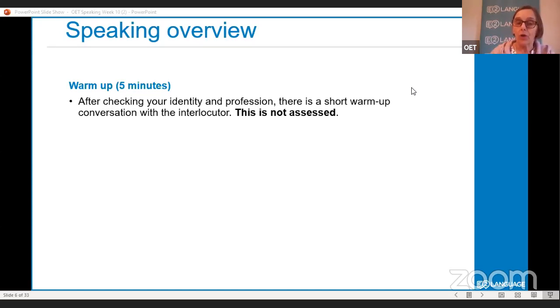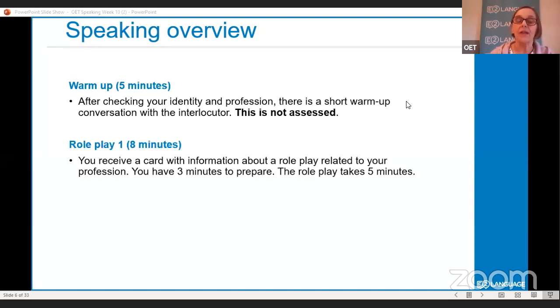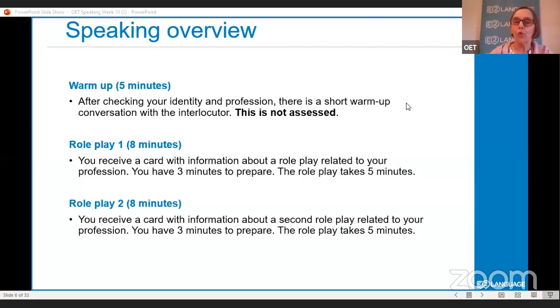So the interlocutor who is going to have the conversation with you will check your identity and your profession. Then they will have a short warm up conversation with you, which isn't assessed. It's just to get used to each other's voices, basically break the ice. Then there are 2 role plays.